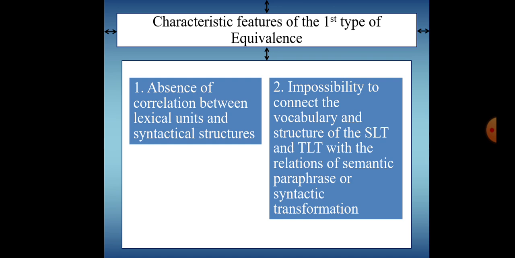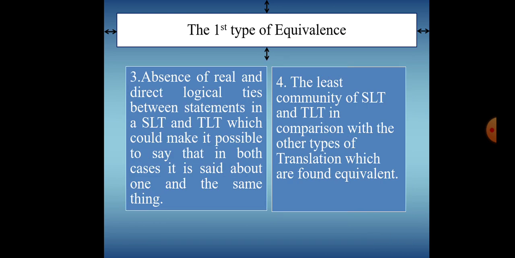The third, absence of direct and real logical ties between statements in the source language text and target language text, which could make it possible to say that in both cases it is said about one and the same thing. And the fourth, the least community of source language text and target language text in comparison with the other types of translation, which are found equivalent.